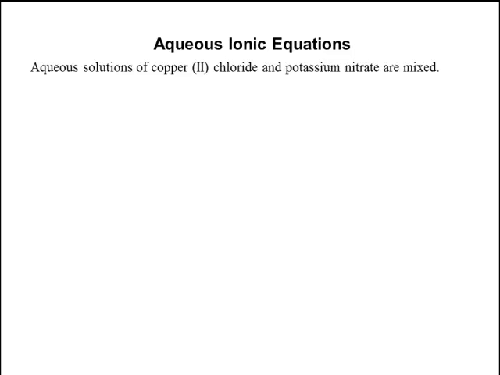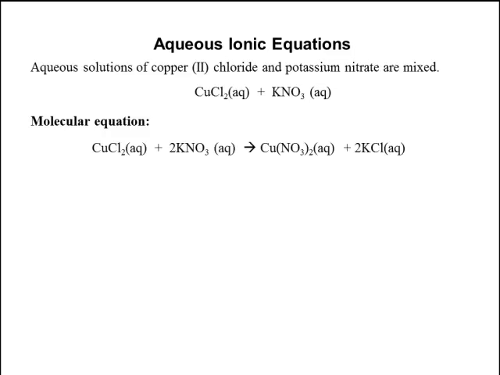All right, another example of starting with the names first. So I've got copper(II) chloride and potassium nitrate, which gives me these formulas. Get my molecular equation, predict the products, predict their phases, balance the overall equation. I end up with this.